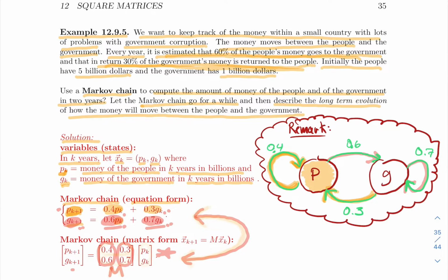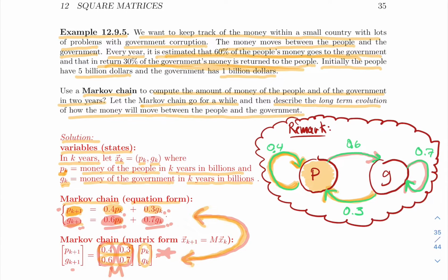If you were to multiply this Markov matrix with PK, GK, as matrix multiplication, so if you take the column PK, GK and you make it fall on M, you're going to recover the Markov chain in equation form. It's the exact same thing. It's just a different notation.